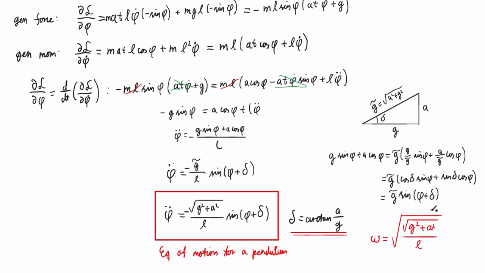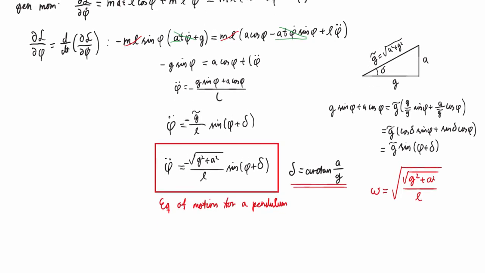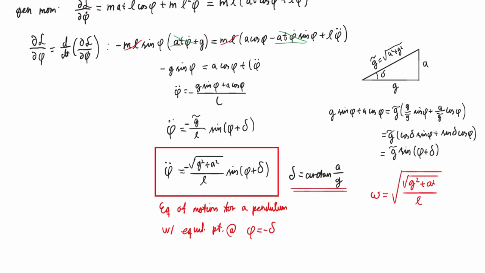So the square root of g squared plus a squared, and that inner square divided by L. The other thing is that the equilibrium point is located at some angle minus delta. Other than that, it looks just like the normal differential equation for a regular pendulum.